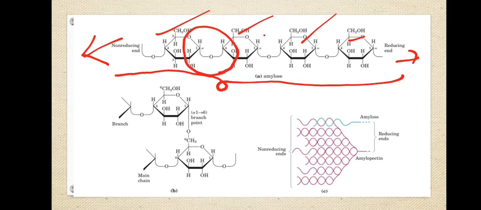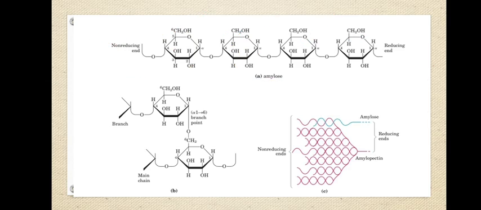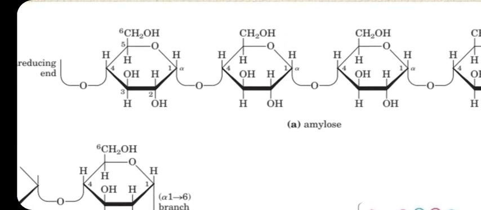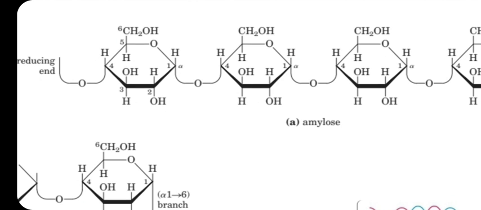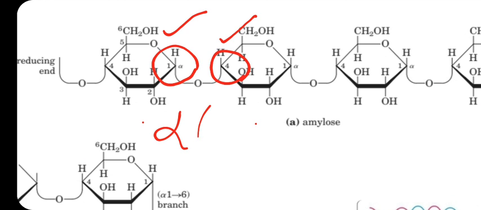Observe carefully: the linkage between these two is called alpha 1,4. Here this is the first carbon atom and this is the fourth carbon atom of the glucose. When the glycosidic linkage is formed between the first and the fourth carbon atoms of two different molecules, the linkage is called alpha 1,4 linkage.